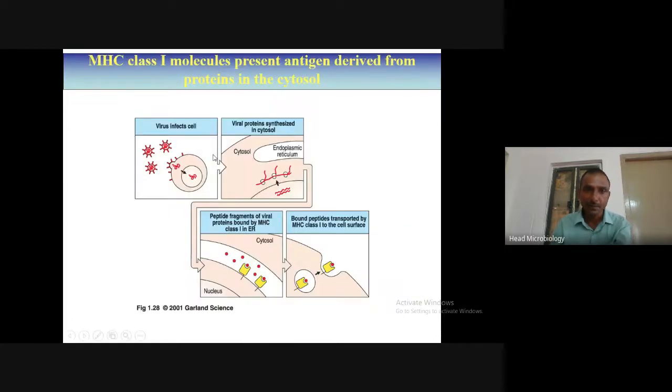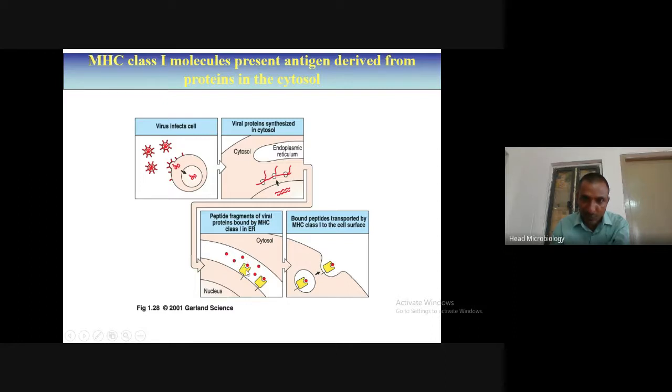In the virus infected cells, viral proteins are synthesized in the cytosol and endoplasmic reticulum. Then the peptides, the antimicrobial peptides, bind the major histocompatibility protein.